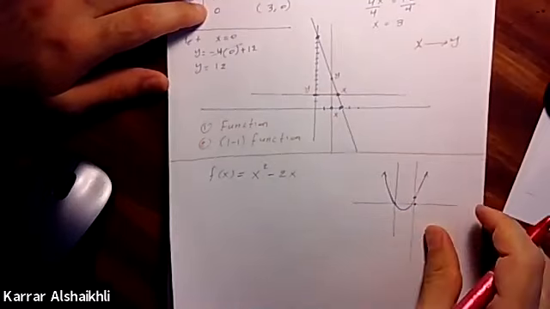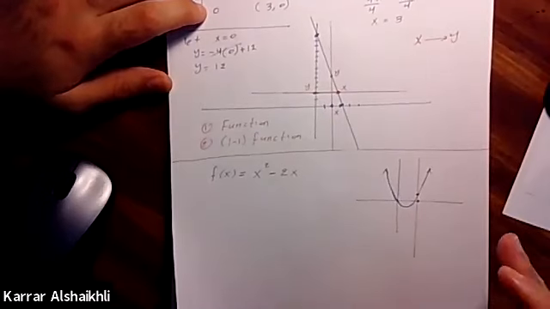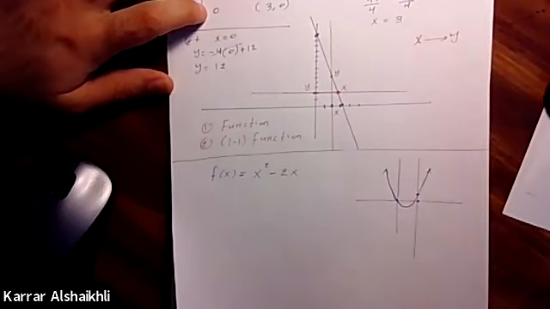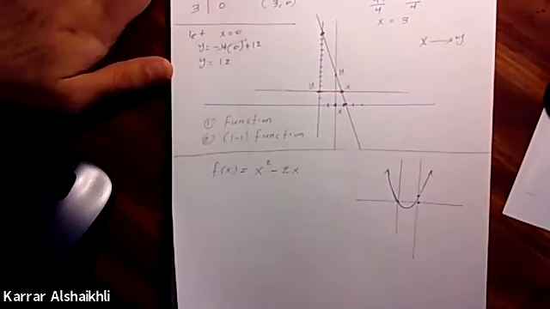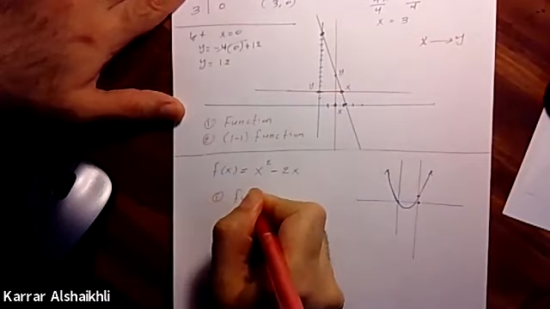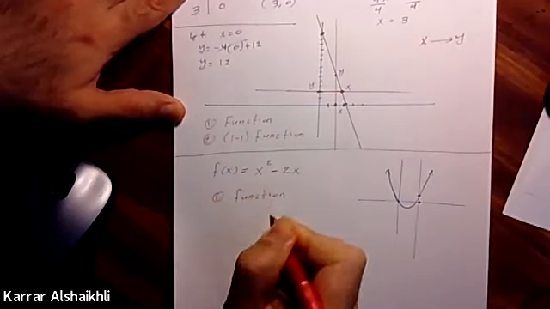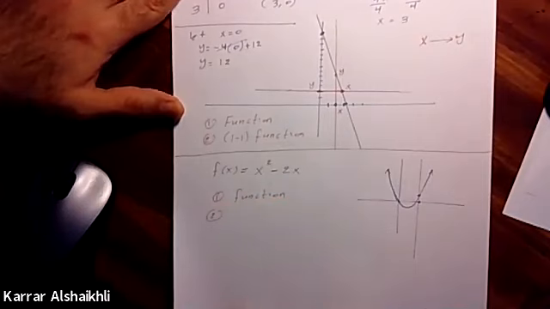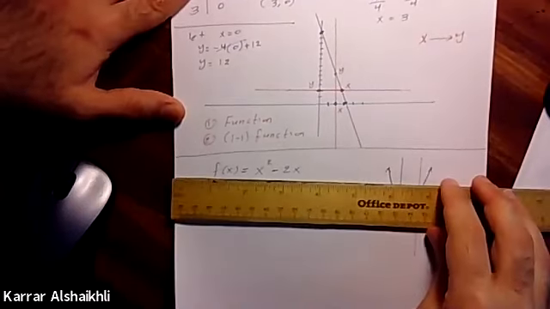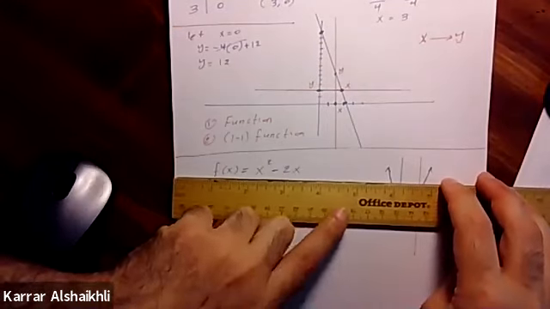If you graph another line test, you will see exactly the same result. For each x, there is 1 y. That means the first condition is satisfied. It's a function. The second condition, let's graph a horizontal line test. I'm going to graph a horizontal line test here.